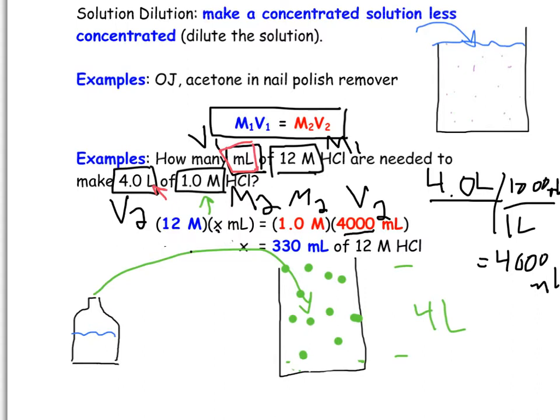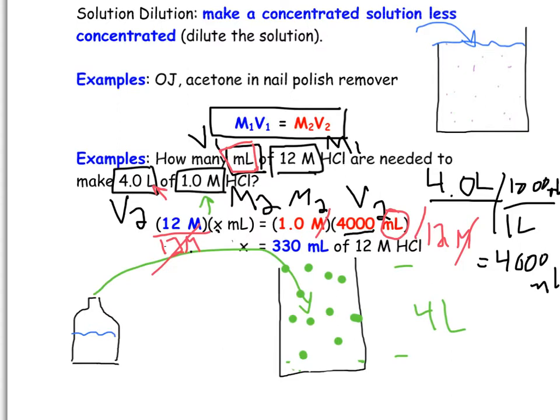Divide this entire side by 12 molarity, and you'll notice that our units of molarity cancel out with molarity, and we are left with units of milliliters. And when we do that, we get a final answer of X is equal to 330 milliliters.